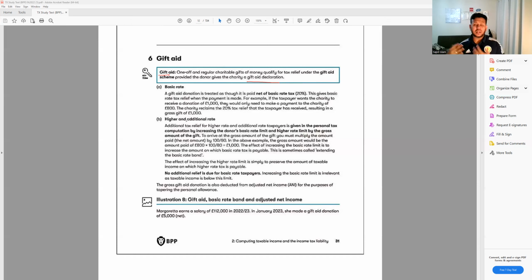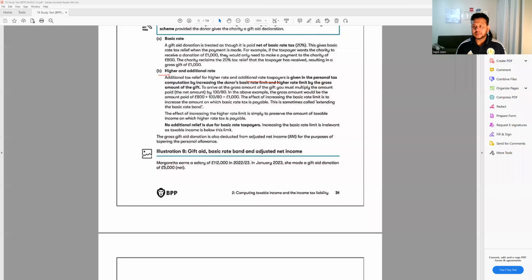For example, if your income is 200,000 and you give 10,000 to charity, then on the higher rate basis, your tax rate is 45%, so you get 45% tax advantage on 10,000. That's basically the simple thing. I think we'll look at one example. It will be more clear after. So let's have a look at this one.